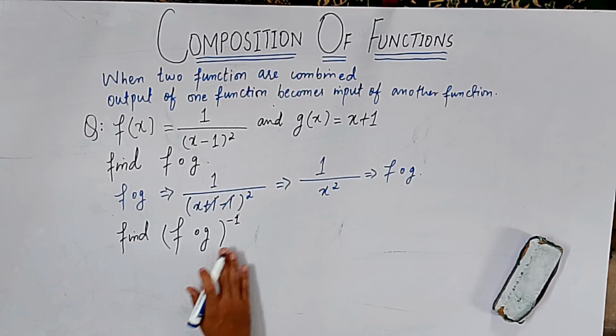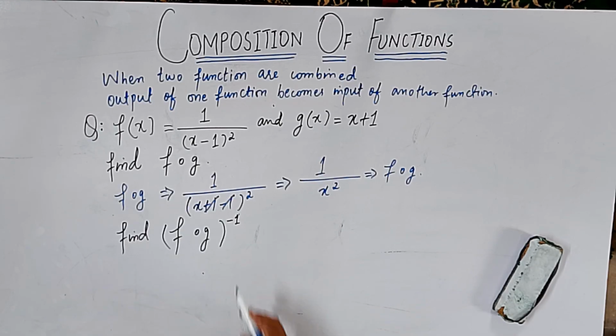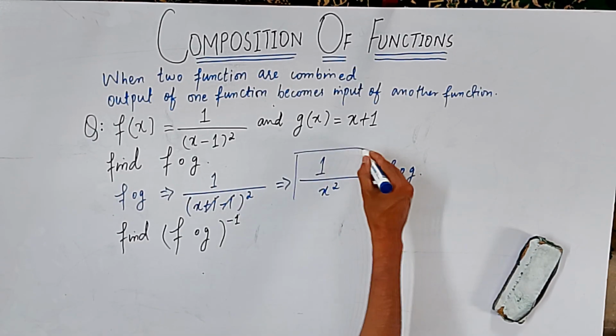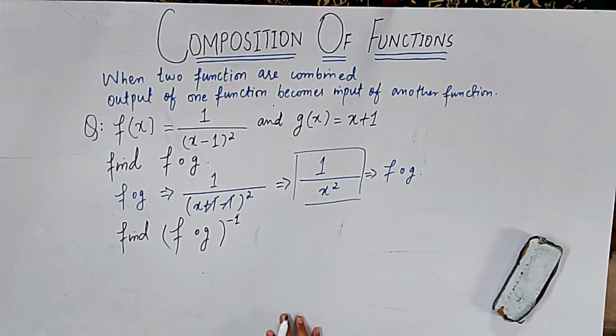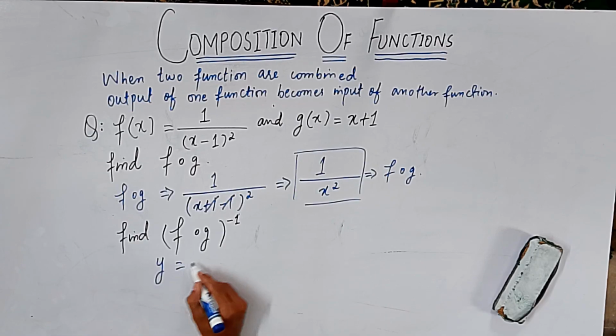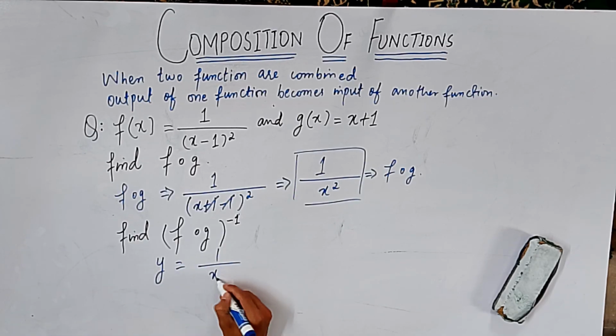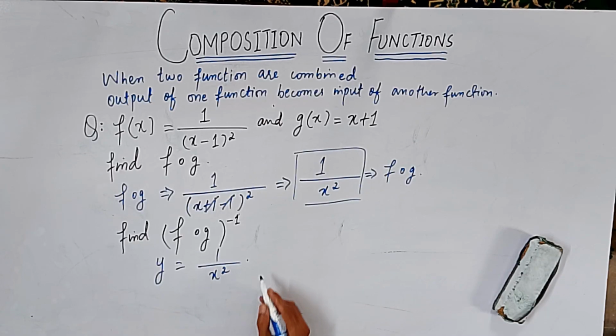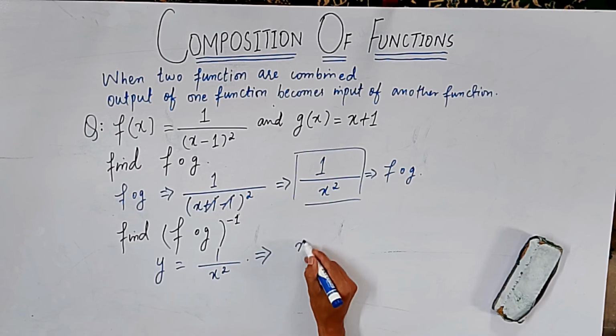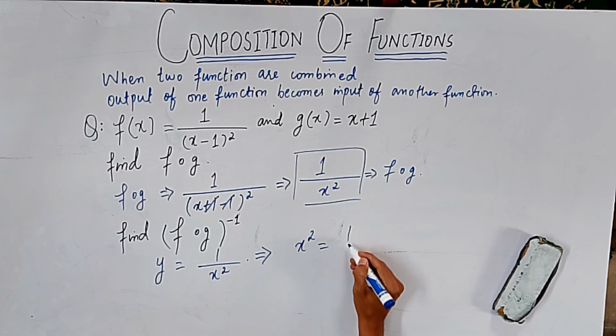So in this particular case, we need to find the inverse of this function. Okay, and how will we find the inverse? You already know that you will take our function equal to y. What will you do? You need to isolate x. So x will go there and y will come over here. So you will get x square equals to 1 upon y.